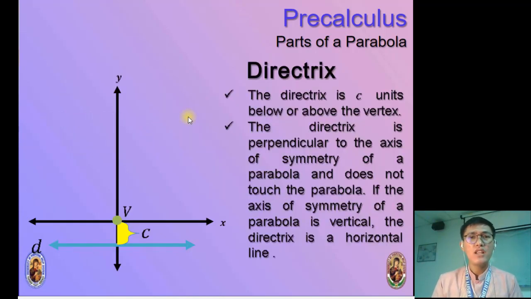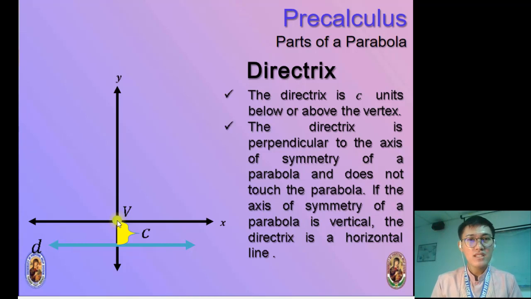Next, we have here the directrix. The directrix is this line, colored blue. Okay, the directrix is c units below or above the vertex. The vertex is the highest or the lowest point of the parabola.